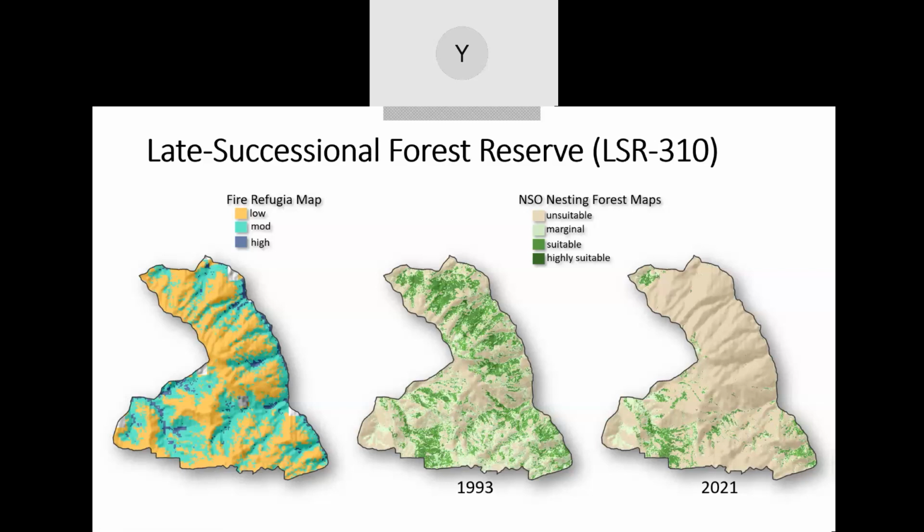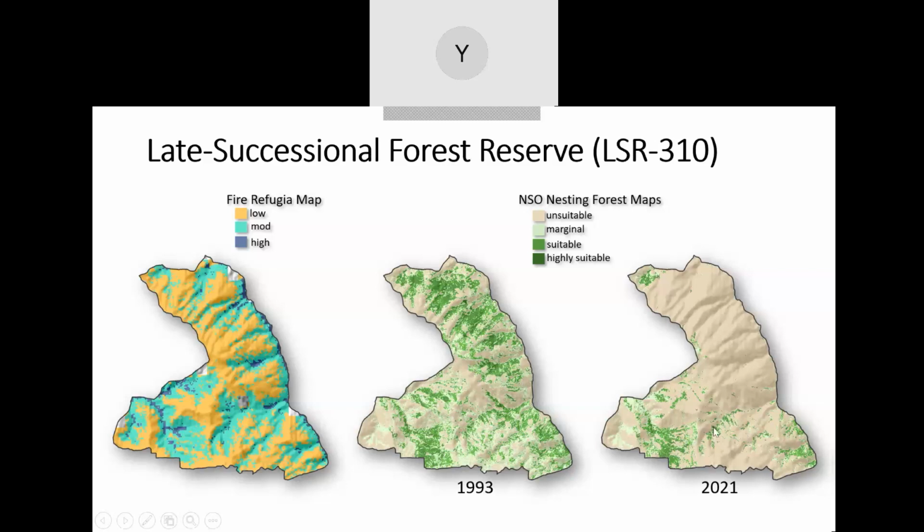Between 1993 and 2021, fire happened in this area. You see all those remaining still as nesting and roosting habitat are mostly in the high probability of fire refugia.